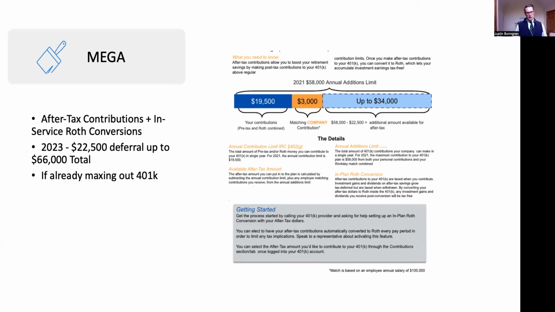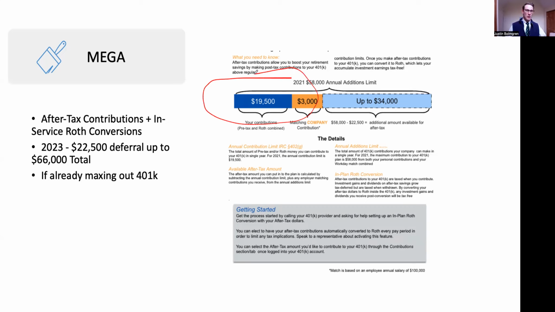So now we have a couple of numbers on the screen that you can see. These numbers are a bit dated. I've got the current numbers off to the left, but just for visuals, the dark blue side represents our pre-tax contributions.